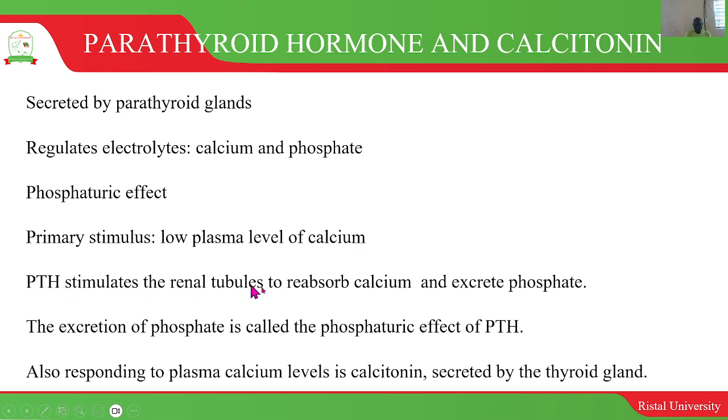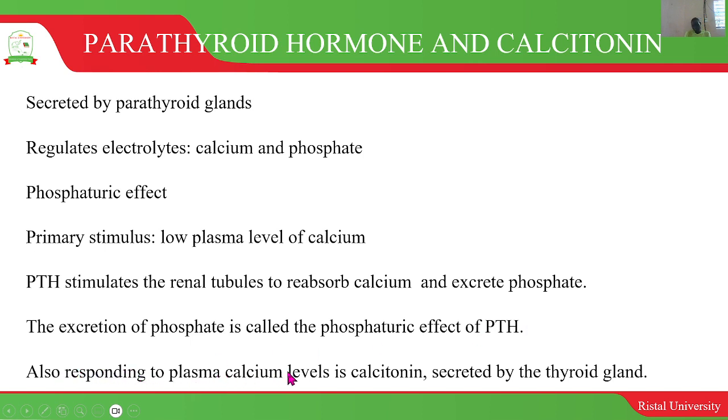Parathyroid hormone stimulates the renal tubules to absorb calcium and excrete the phosphate. So this is what the hormone does: it stimulates the renal tubules to absorb a lot of calcium and pass out a lot of phosphate into the urine. The excretion of phosphate is called the phosphaturic effect of parathyroid hormone.